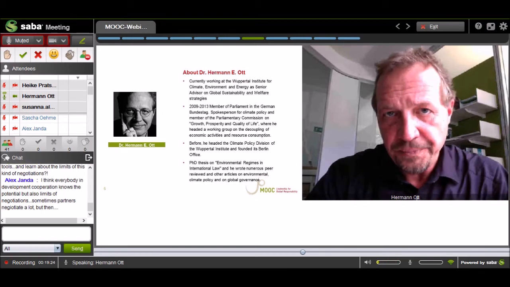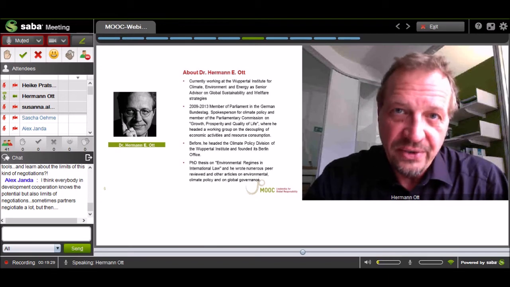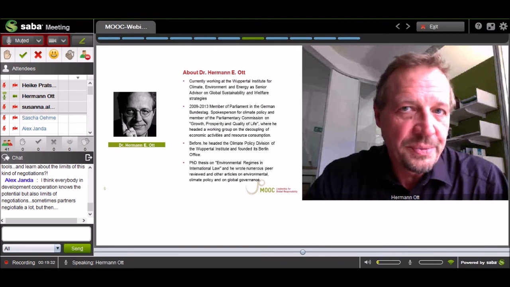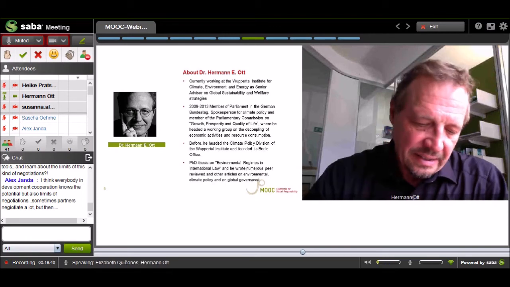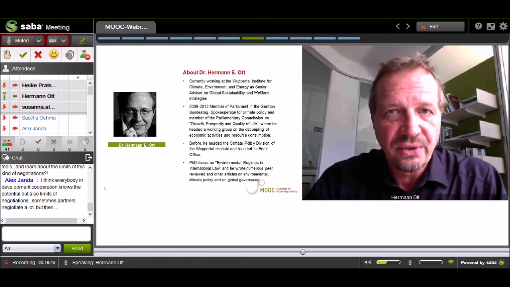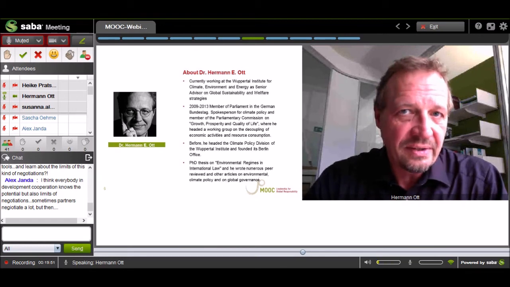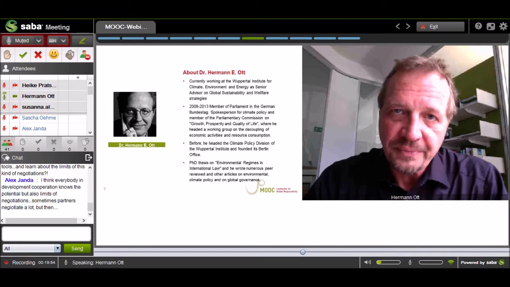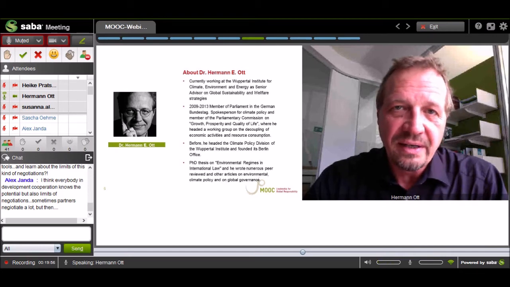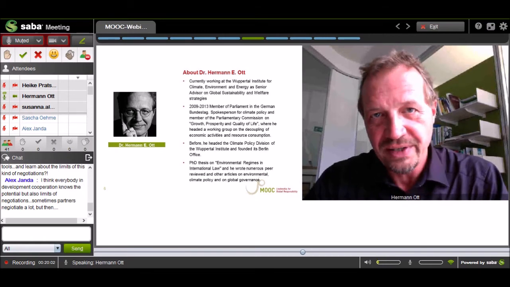My next line of thought was, okay, so what can we do inside of the climate regime to allow, for example, groups of countries to act as forerunners, progressive countries who actually want to move forward, and there's quite a lot of them. But it quickly turned out, and I had a small study done by an international lawyer from Ecologic, that it was almost impossible within the climate regime to establish a group of forerunners without the consent of anybody else.